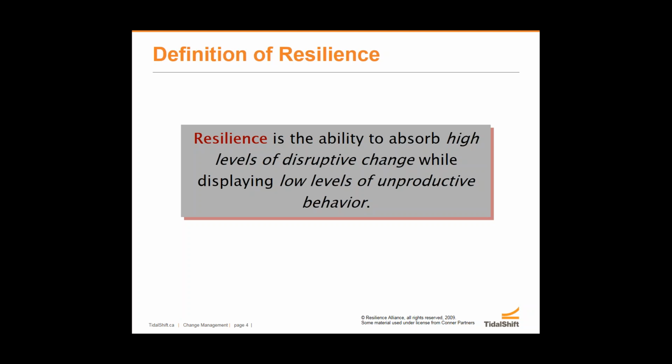We find that some people and some organizations deal better with those than others. So what we're looking at is how can we understand better what enables some people and some organizations to display lower levels of unproductive behavior. When we get overwhelmed by change, we can start to see symptoms of overload that include symptoms of physical stress.